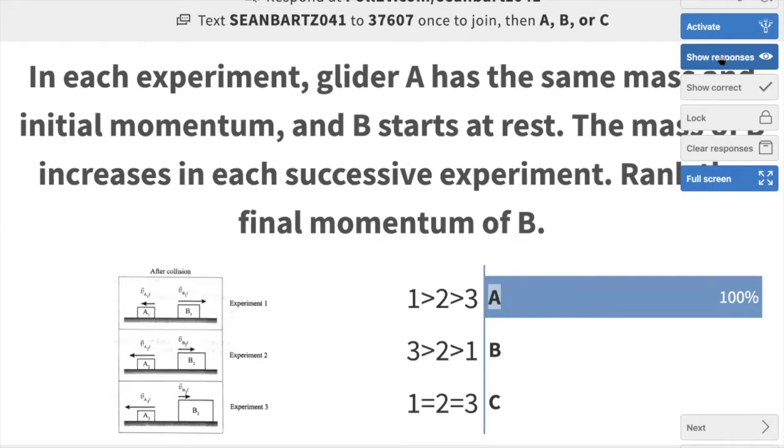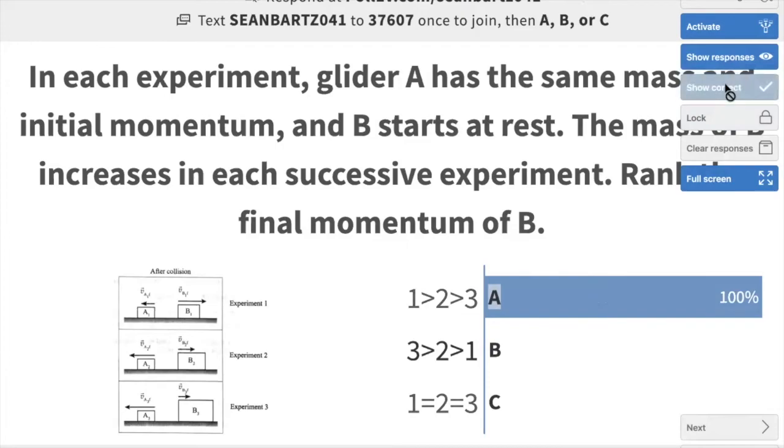But if I roll it into a bowling ball, it's probably going to bounce back even faster. So the bigger the target at rest, the faster the moving object will bounce back. So object A has a bigger change in momentum the more massive object B is.